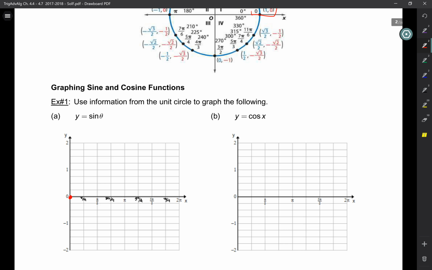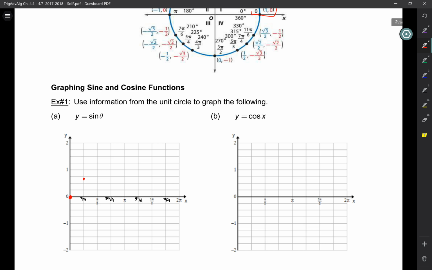Okay, so at pi over 4, the sine is 0.7, right? So look, if it's 1 all the way up to here, this is like 1, 2, 3, 4. So it's like 0.25, 0.5, 0.75, 1.